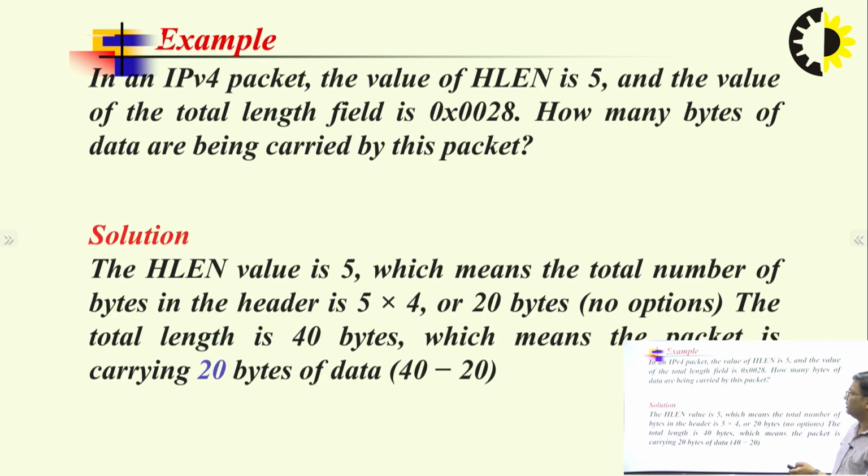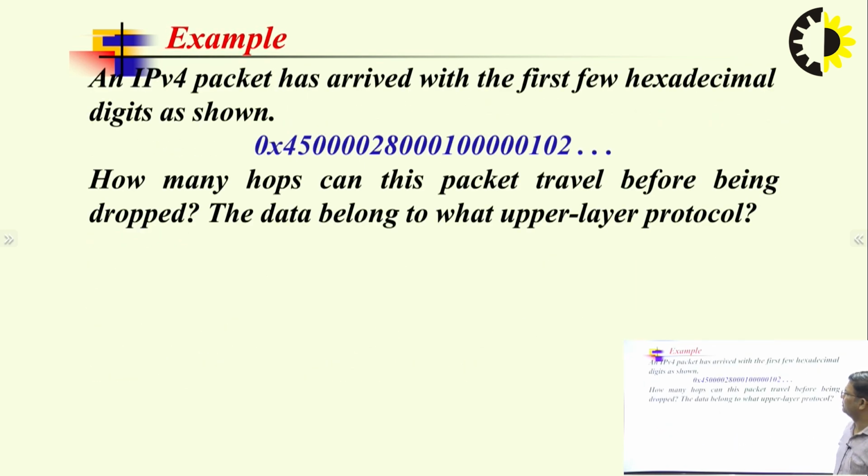So we pass the first 16 hex digits: 1, 2, 3, up to 16, up to this 0. The next field is 0102. The first 16 hex digits have been passed.